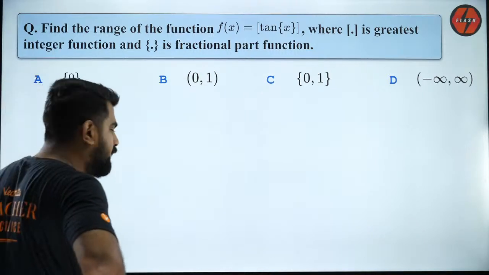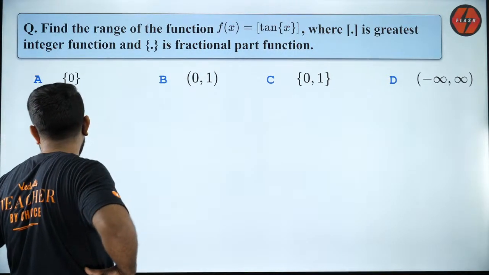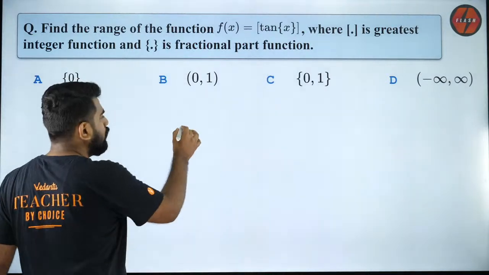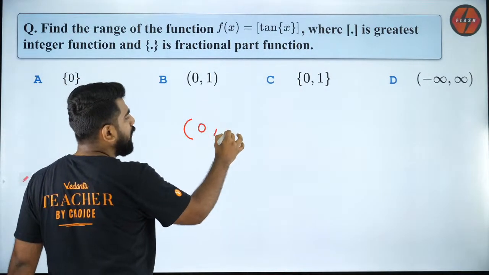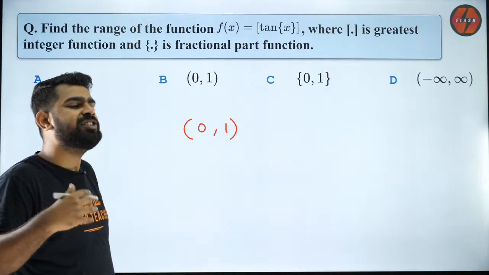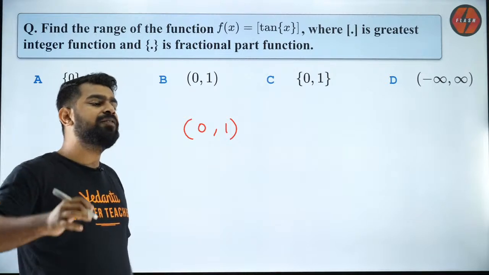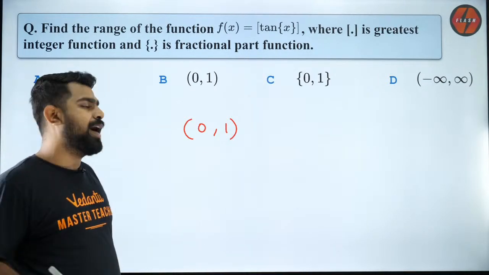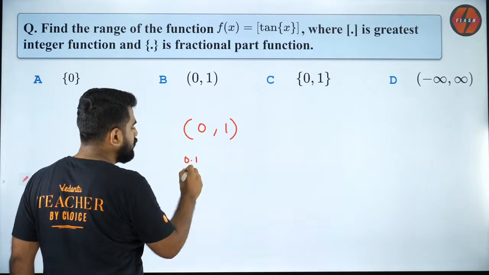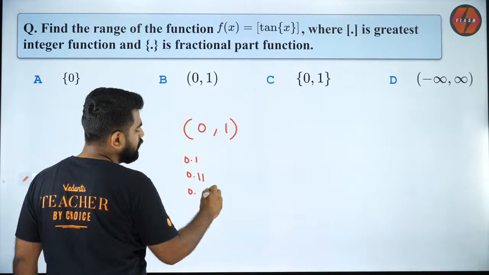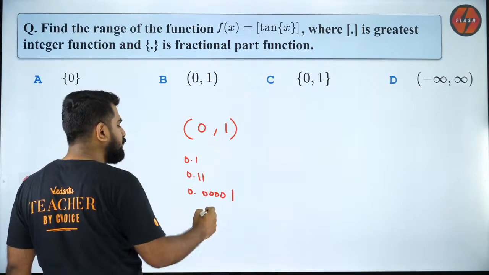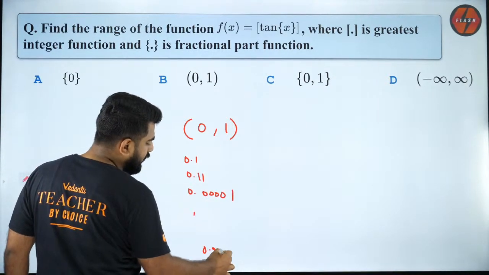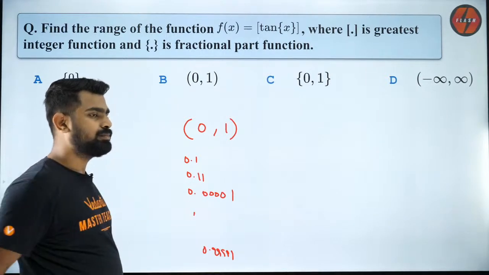What is the difference between open bracket and curly bracket? So Madhavi, see, open bracket 0 to 1 means everything in between 0 to 1. Everything between 0 to 1. 0, 0.1, 0.11, 0.000001, everything till 0.999999, everything.